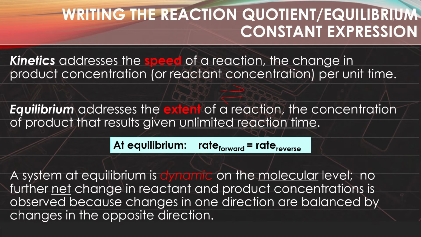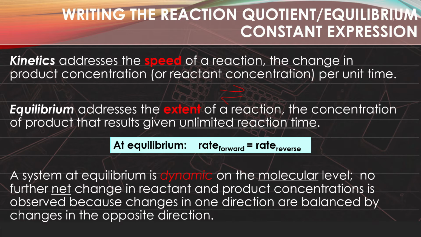Now, let's go to equilibrium. When we speak of equilibrium, it addresses the extent of a reaction, the concentration of product that results given a limited reaction time. Kasi kapag sinabi natin equilibrium, ito yung balance between the amount of reactants and products. So, kapag sa umpisa pa lang, panay reactants pa lang yung ating mga substances, they will undergo chemical reaction to produce the products. Okay?